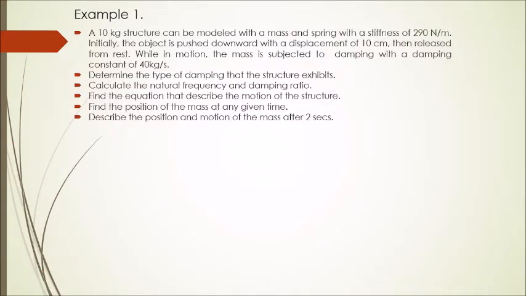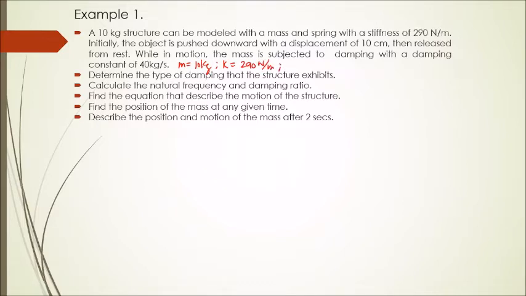Let's proceed with the example. In the example, it says a 10 kilogram structure can be modeled with a mass. So we have M equal to 10 kilograms. Then the stiffness of the spring, K, is equal to 290 Newton per meter.